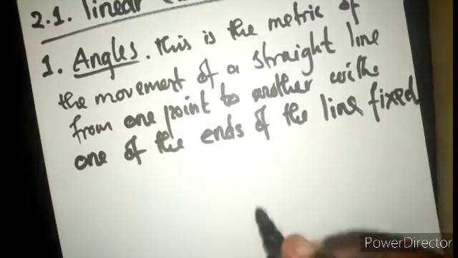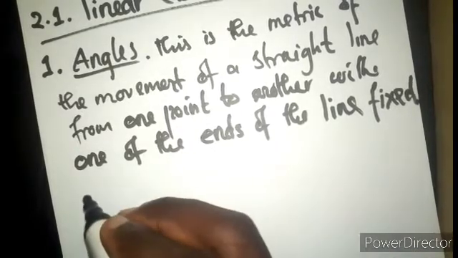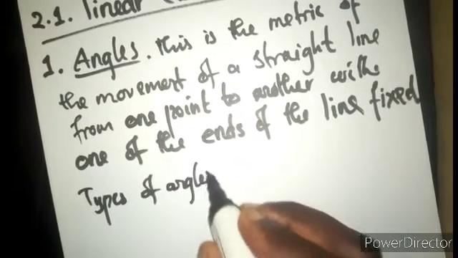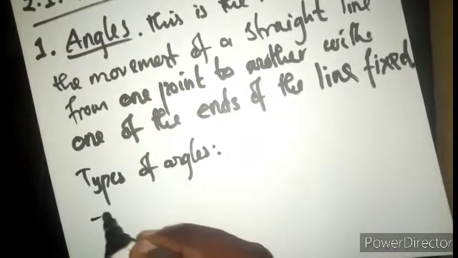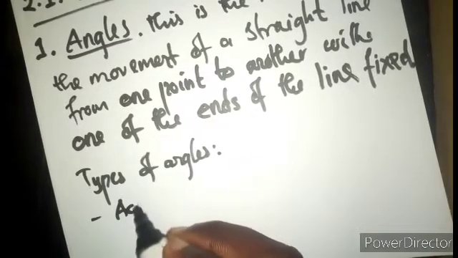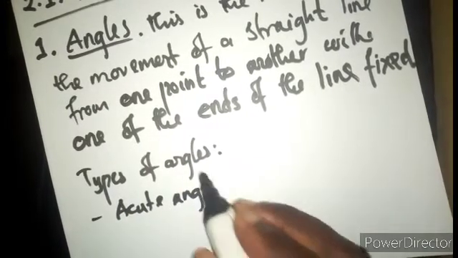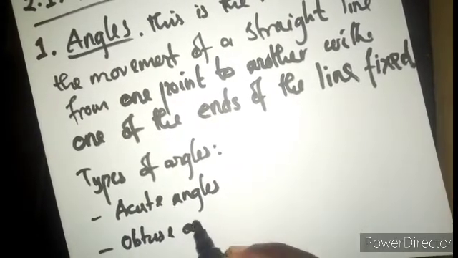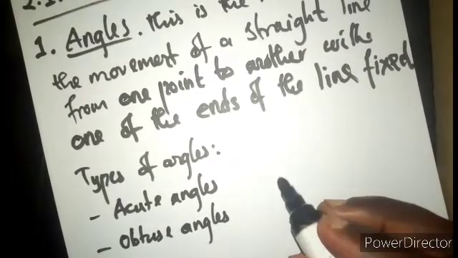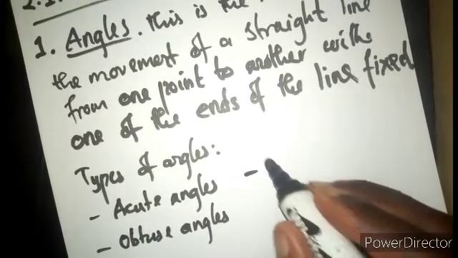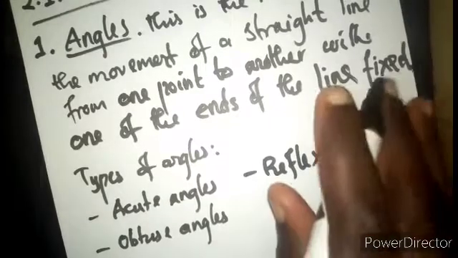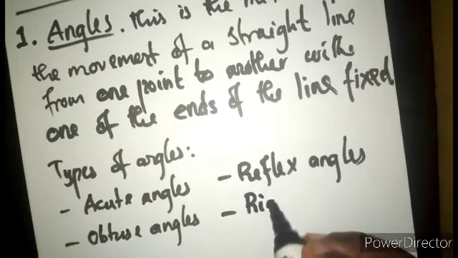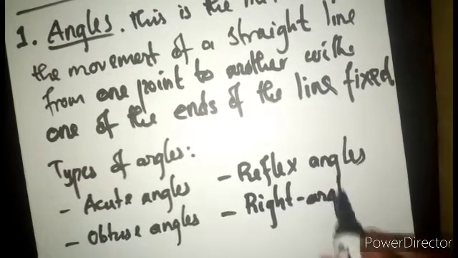Good. So what are the types of angles? There are several types. We have what we call acute angles. We have obtuse angles. We also have reflex angles. We have right angles.